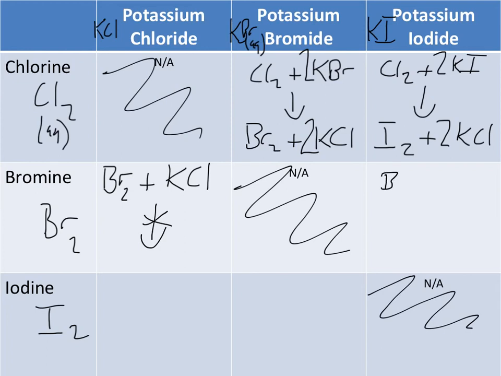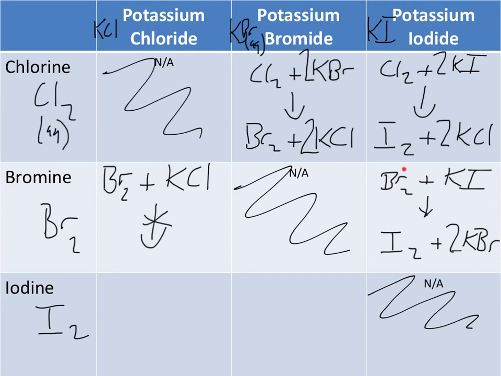Would it react here? Well, it would, because the bromine is more reactive than the iodine. So the bromine will displace the iodine. So you get a reaction occurring. Good old displacement reaction. And here, what would we see?